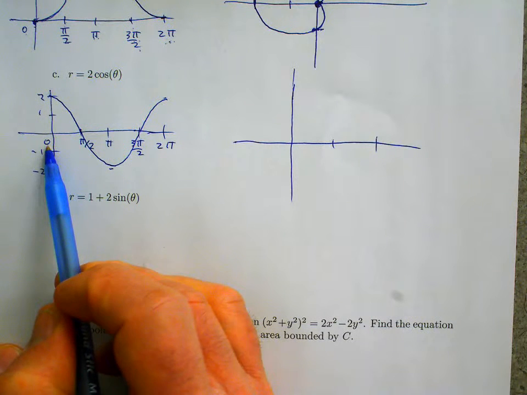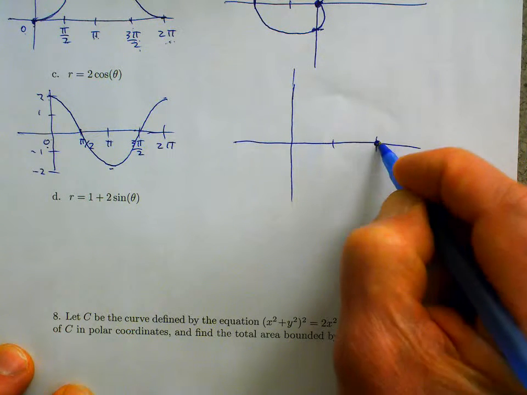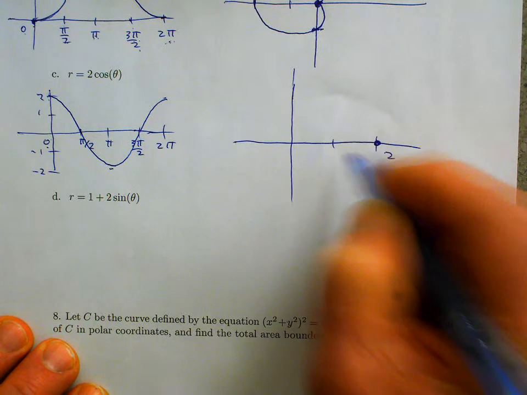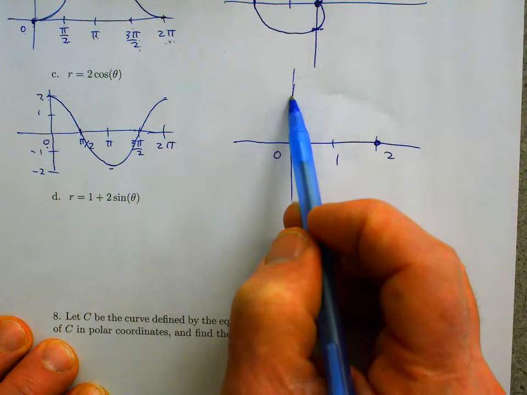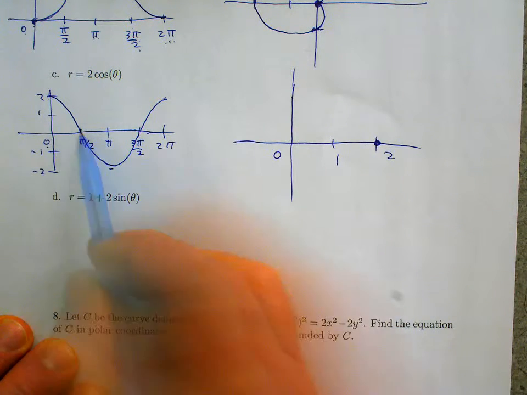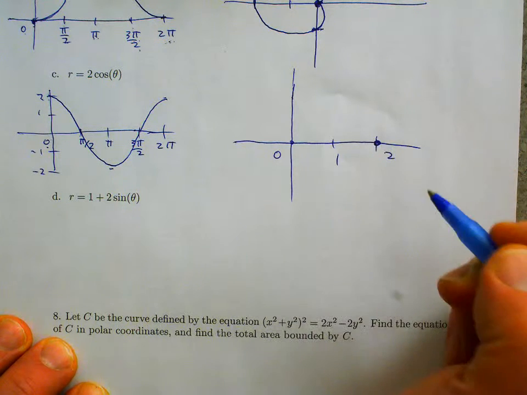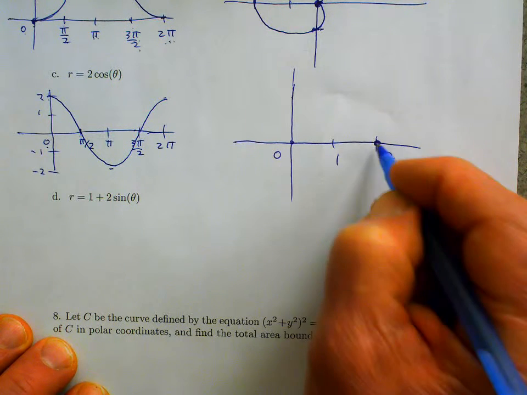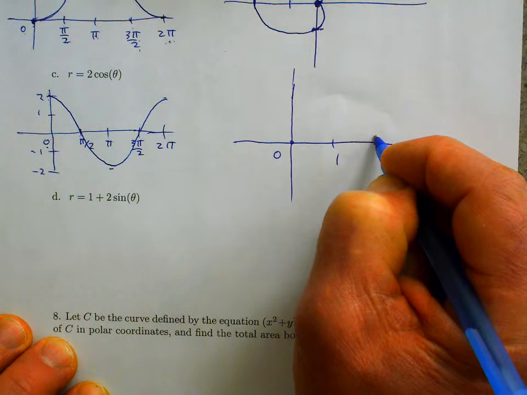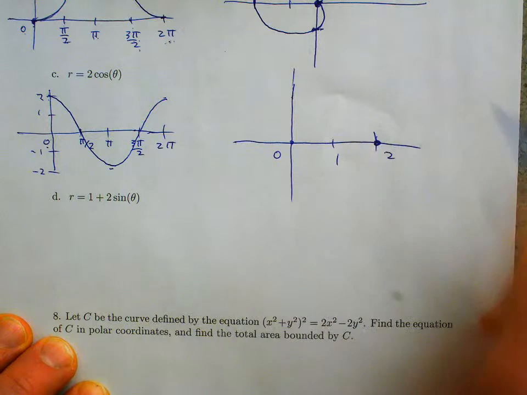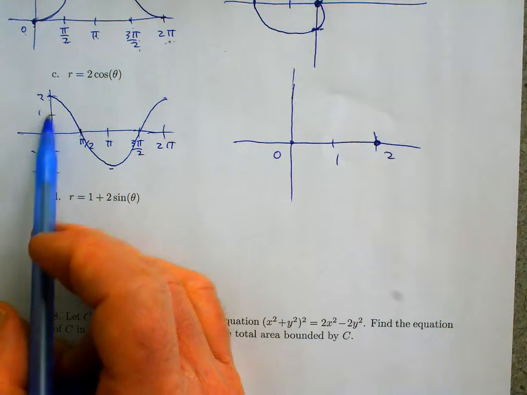When theta is 0, the r value is 2. By the time we get to pi over 2, the r value is 0. But I think what I said earlier is incorrect, so let's put in an intermediate value.